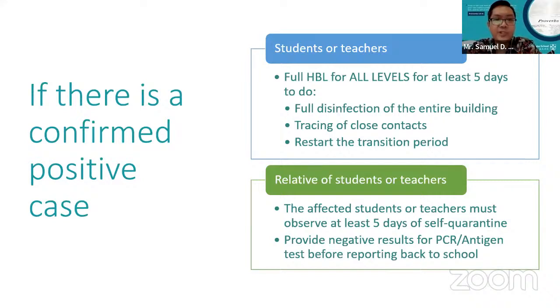Observe at least 5 days of self quarantine, and provide the antigen test before reporting to school. And again, we may not be able to know whether you have someone contracted COVID at home or not. So you need to declare it to your form teacher, and it is really important. Let's work together in this.